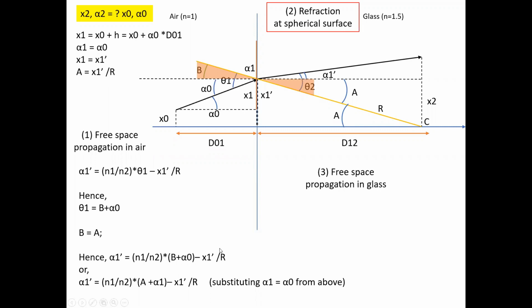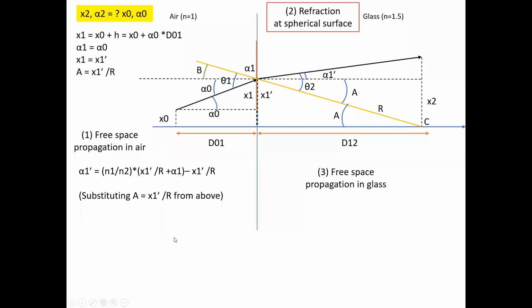Everything else remains the same. And then replace B by A. So everything else remains the same, just B got replaced by A. And from above, where I was saving equations, I have alpha 1 equals alpha naught. So I replace alpha naught by alpha 1.